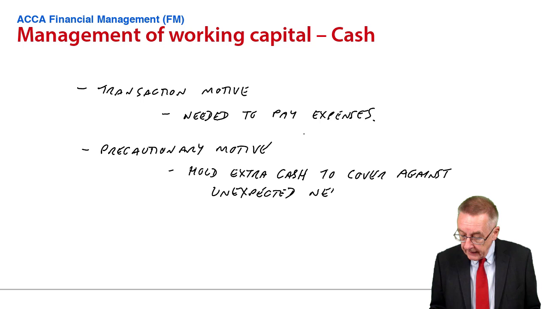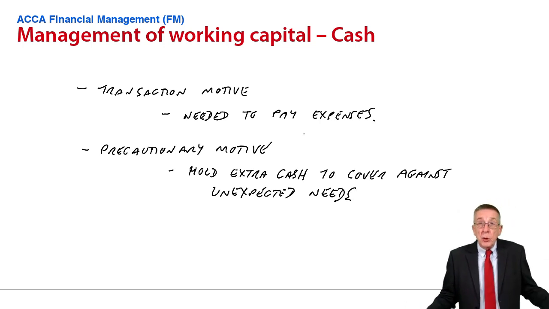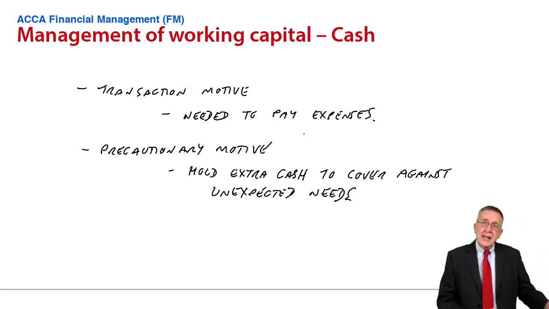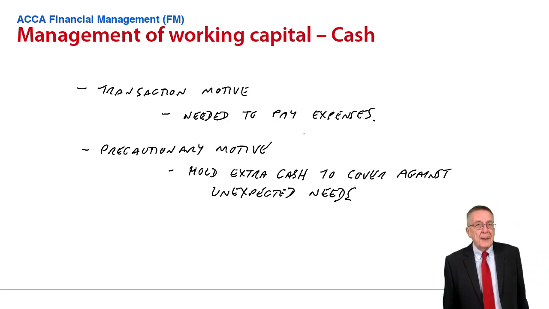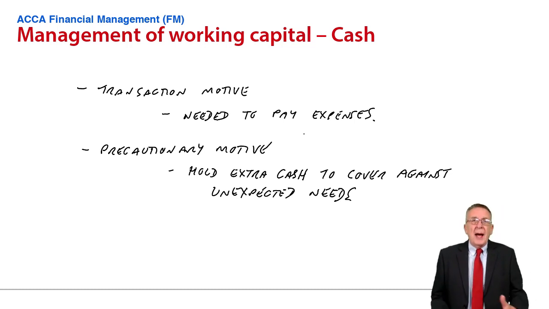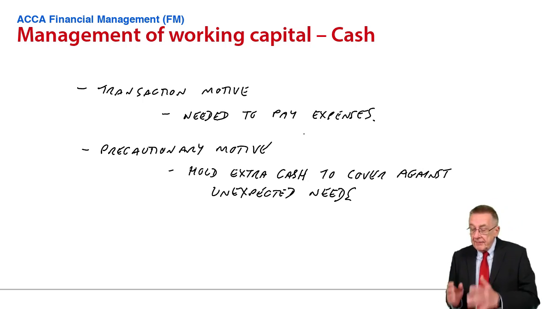I don't want to write too much here. So, there's no rule here about how much. But if I've budgeted I need about 5,000 a week, then perhaps to be safe, I'll have an extra 1,000, I'll have 6,000. The extra 1,000, just this precautionary motive.